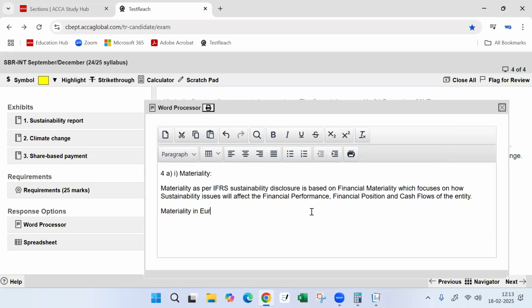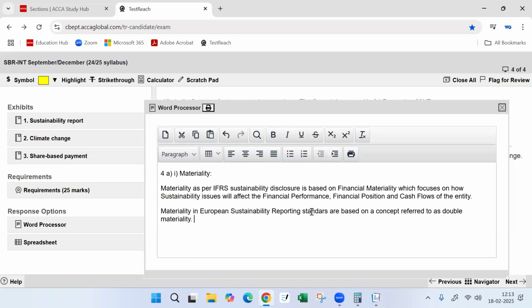And materiality in European sustainability reporting standards is based on a concept referred to as double materiality.